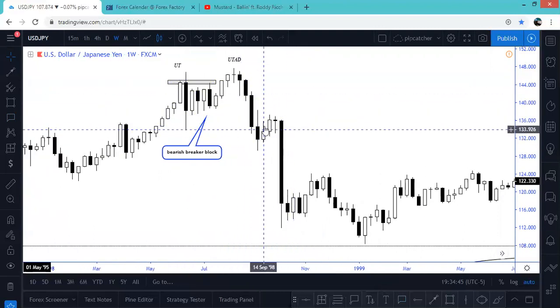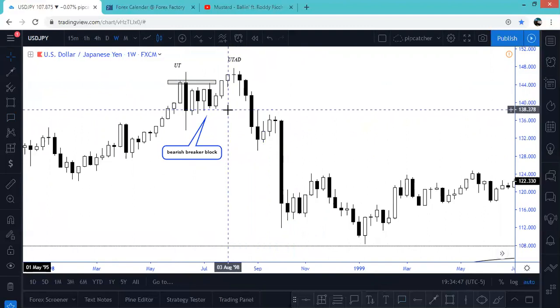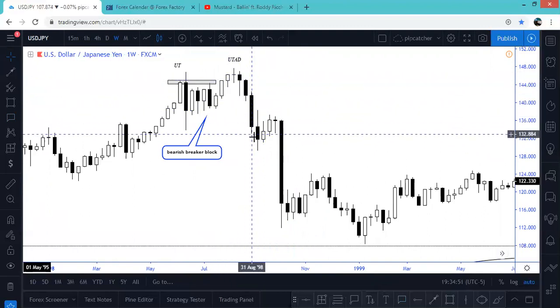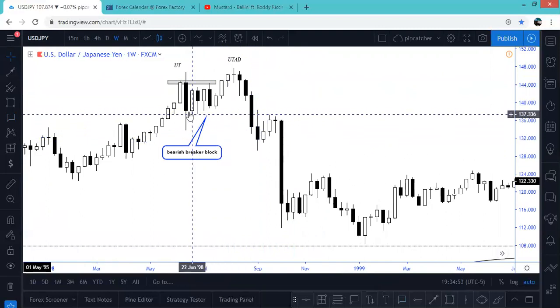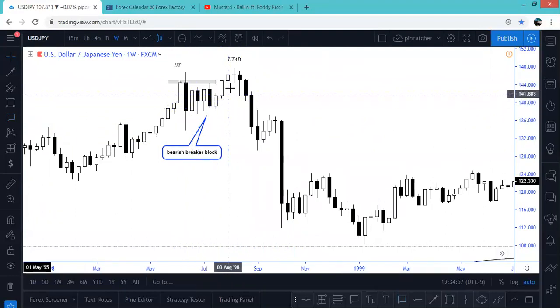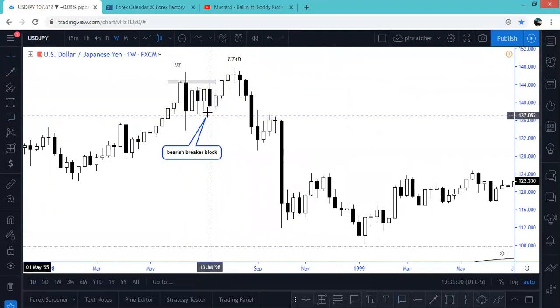Sometimes the market will slip and only retrace back to a certain point of liquidity that was broken.